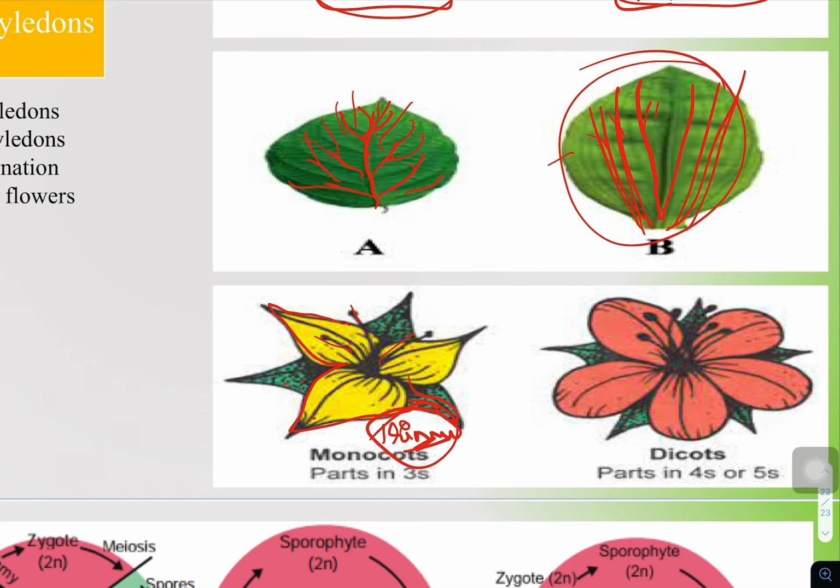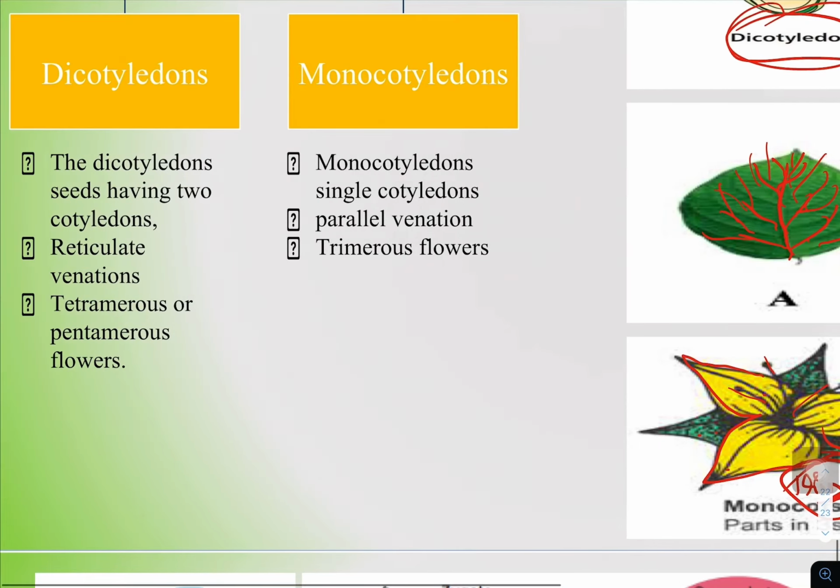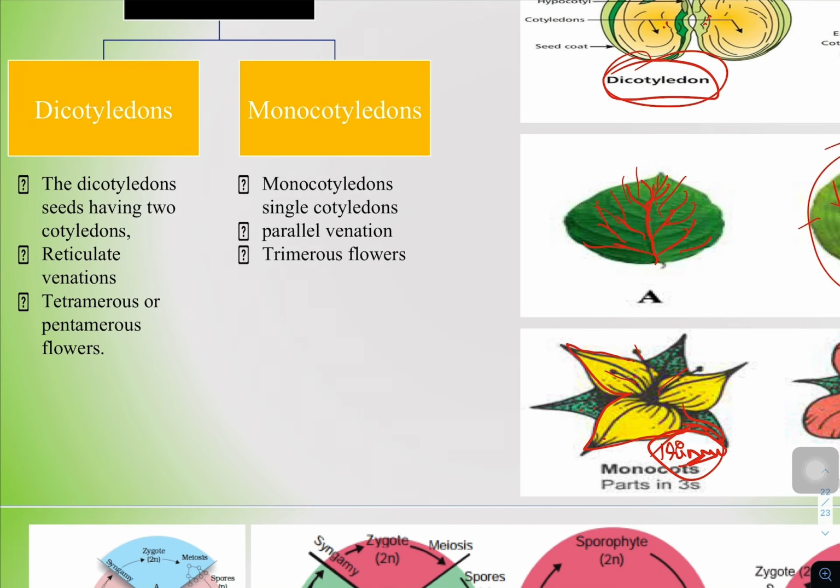Whereas in dicots they are tetramerous or pentamerous. Usually there will be multiples of 4 or multiples of 5. So see here, 4 petals, 4 sepals, 4 androecium, 4 gynoecium, or usually most of the plants have 5 sepals and 5 petals, pentamerous, and some plants are tetramerous. These are some of the characters of monocots and dicots.